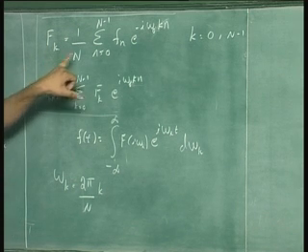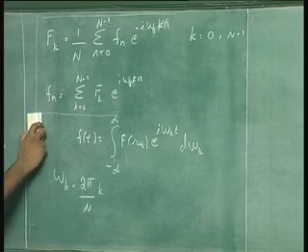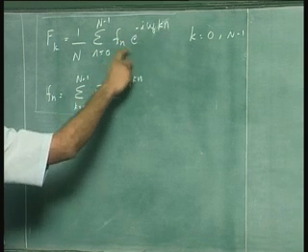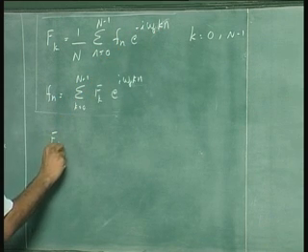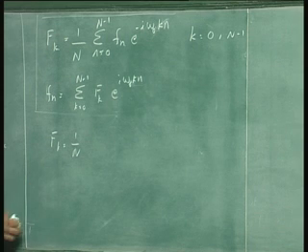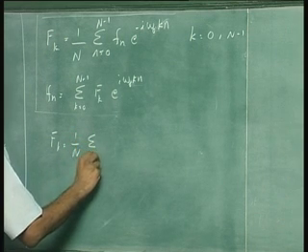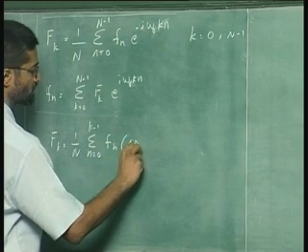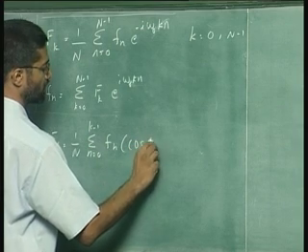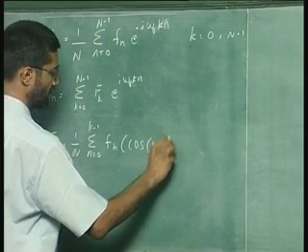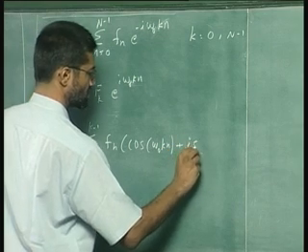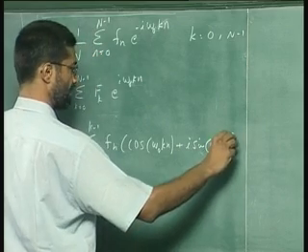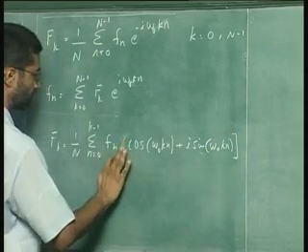So you can compute this. One way of computing this is to use the property that this can be written with a cosine, that is, if I can write F_k as 1/N times the sum over n going from 0 to N minus 1 of f_n times cos(ω_0 k n) plus i times sin(ω_0 k n).